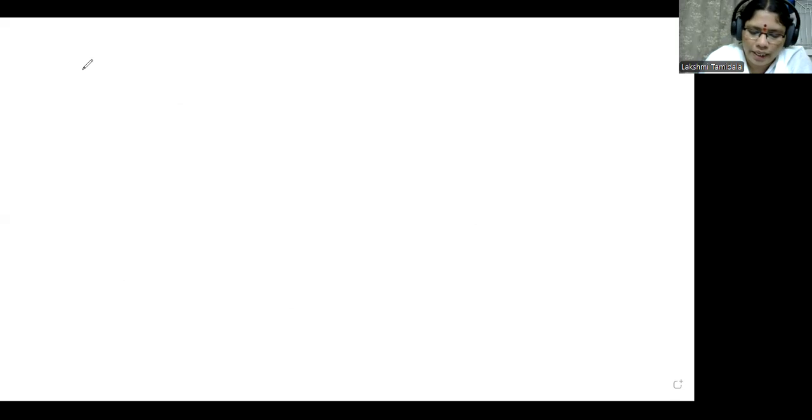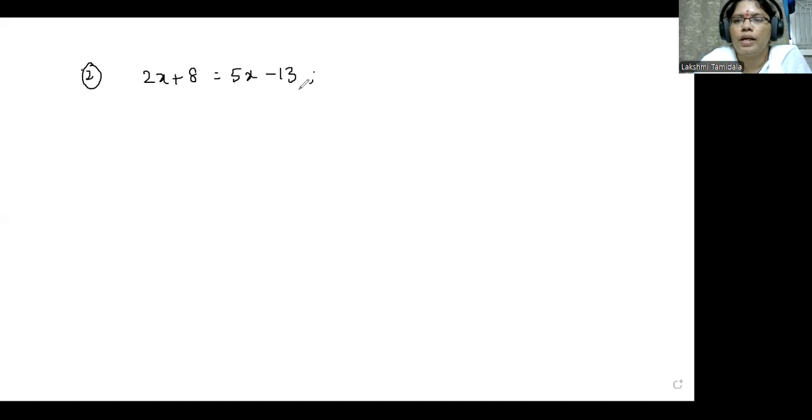And the second type is where we come across problems with variables on two sides. That means 2x + 8 = 5x - 13. This is another equation. Here we have variables on both sides.